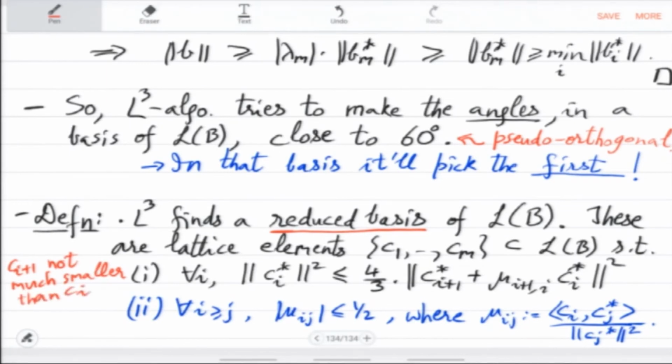And the second condition is saying, so mu ij, if you think of it as cos theta, cos theta less than or equal to half, or around half, would mean theta is around 60 degrees. So angles around 60 degrees.